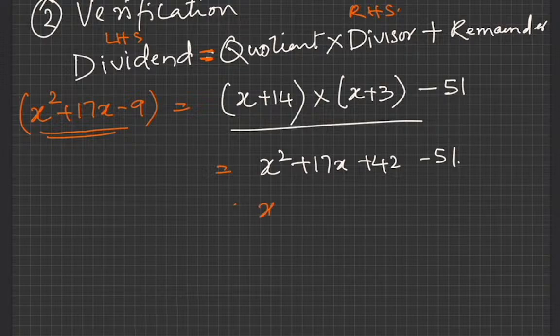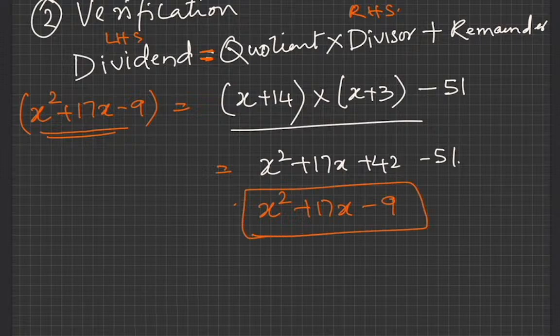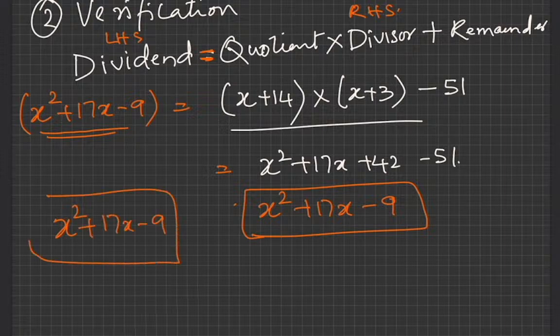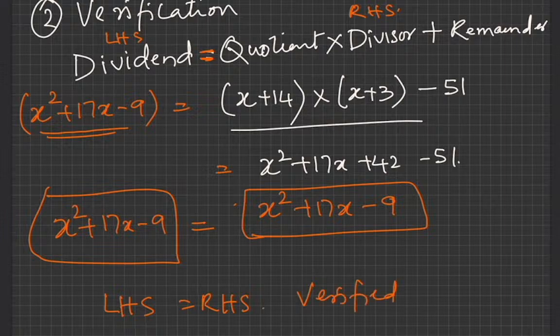It's equal to x squared plus 17x minus 9. So this is the same. So my LHS is equal to RHS, thus verified. Yeah, got it?